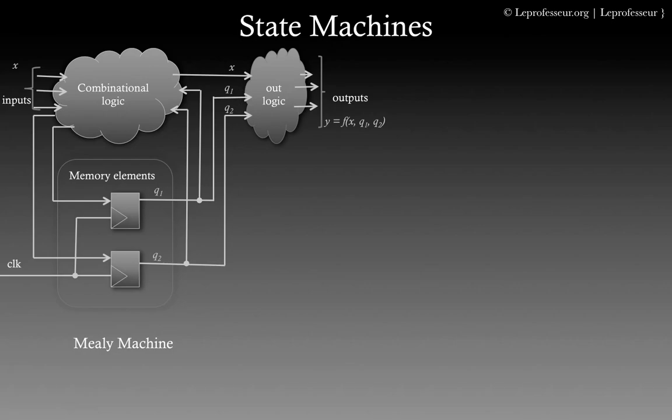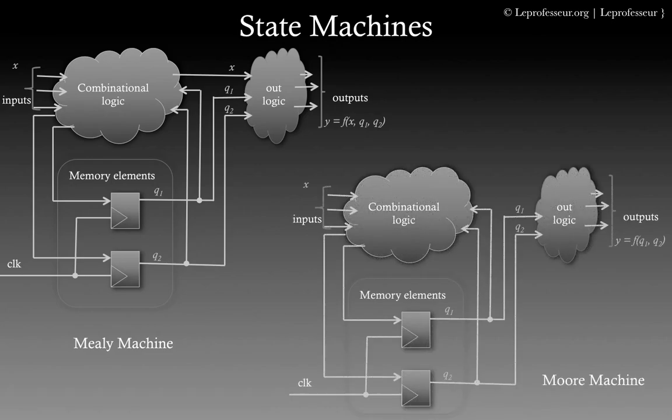Now let's take the variant, the Moore machine. The Moore machine is very similar to the Mealy machine. The only difference is that the output logic does not include the input. The output of a state is dependent only on the state inputs, that is, output y is a function of the state, in which state your circuit is.